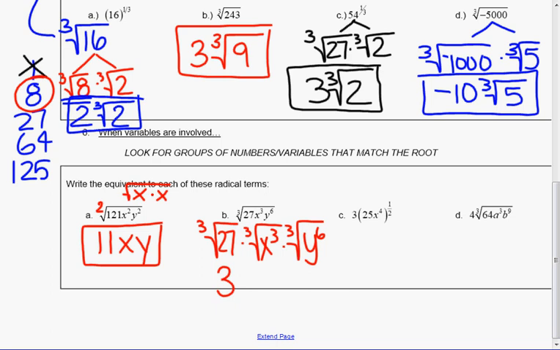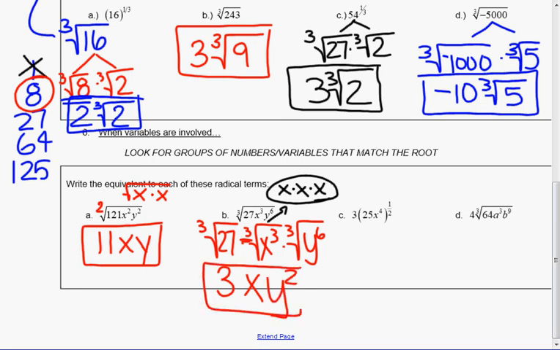All right, when we do the cubed root of x to the third, I want you to think of x to the third as x times x times x. Here we have a group of 3 x's. That would satisfy this requirement here of the index of 3. So the cubed root of x to the third is just x, and then y to the 6th in the cube root, you get y squared.